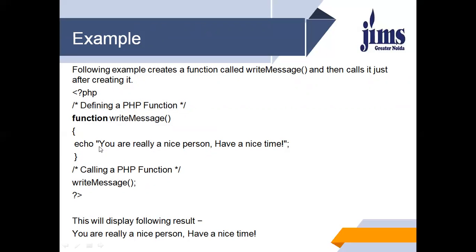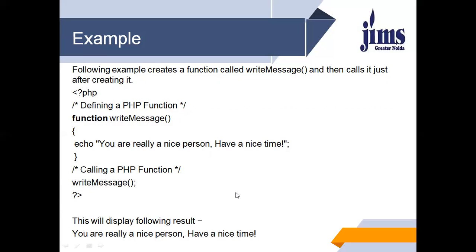Inside the body, you are printing with echo, "You are really a nice person, have a nice time." This is the message you want to print. Then you call this PHP function: you just type the name of the function followed by the parentheses, writeMessage and parentheses. When this function is called, this message will be displayed.